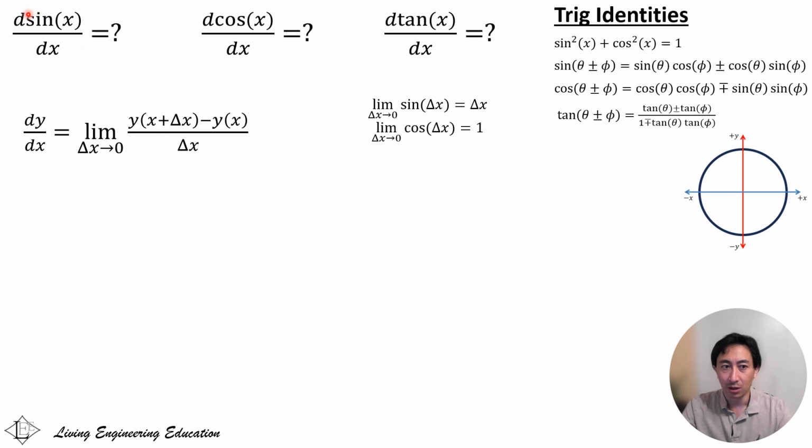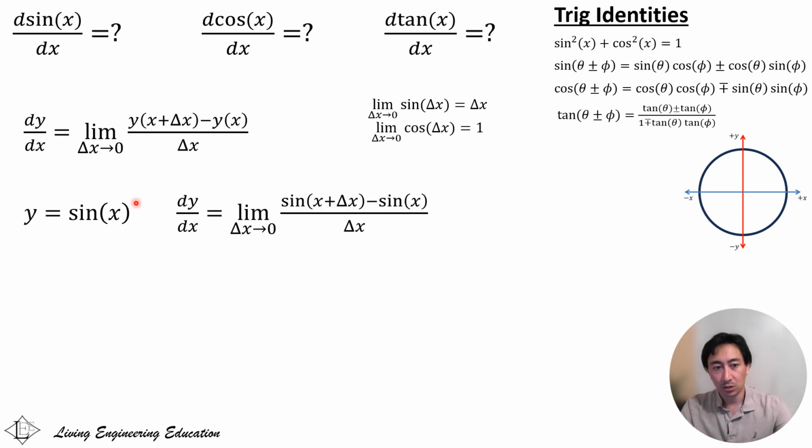So all we do is we take our function, plug in x plus delta x for this term, and we take the same function and plug in x for this term, and we try to simplify it, right? And then at the end, we'll take the limit and see what falls out from it. So our function is sine of x. So I have sine of x plus delta x, that's my y at x plus delta x term. Then I have minus sine x, that's my y at x term, divided by delta x.